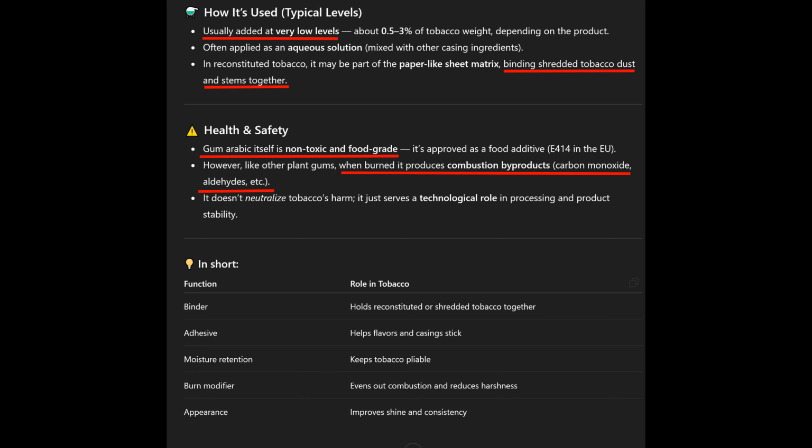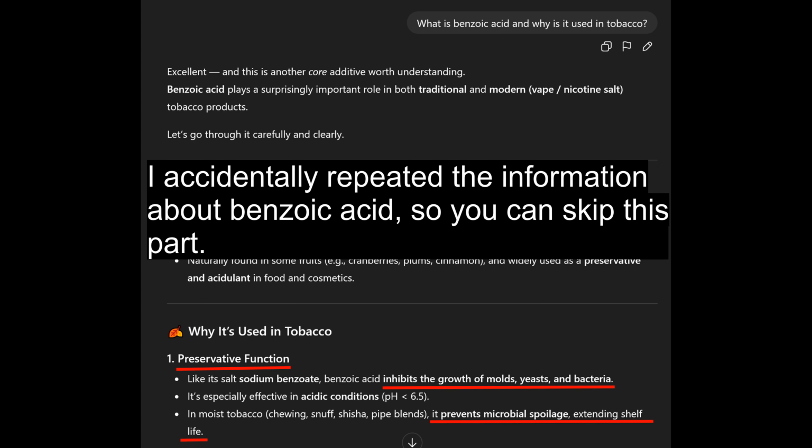So we should know that. Then, in short, its function: rolling tobacco. Okay, and that is it. So I will come back and tell you my last thoughts on these additives. So be right back.